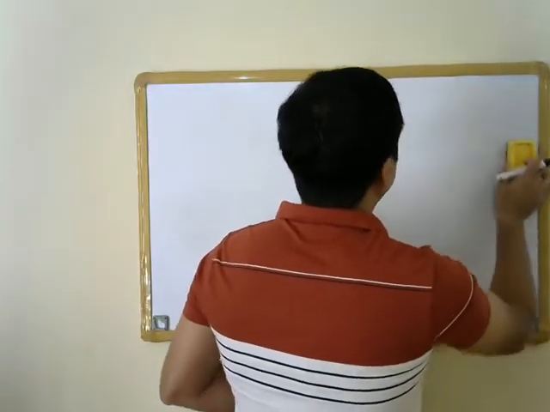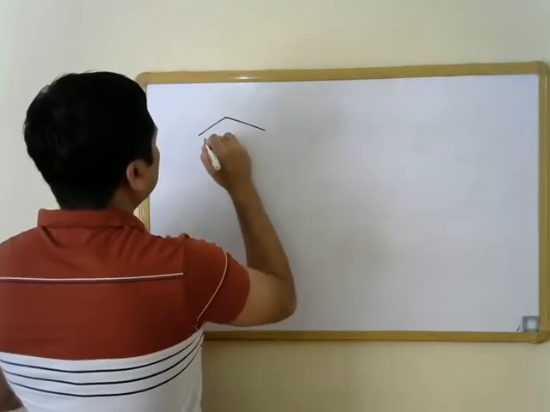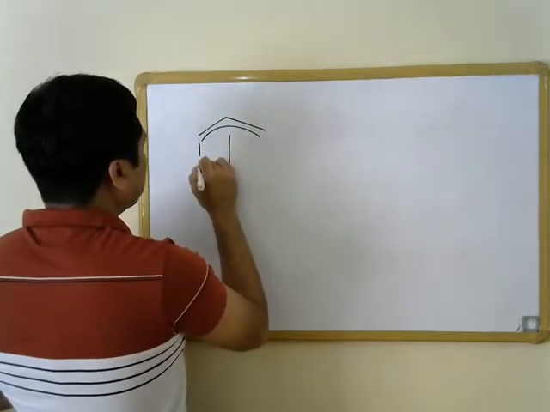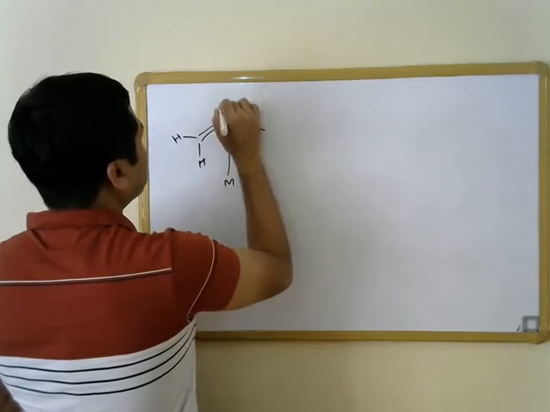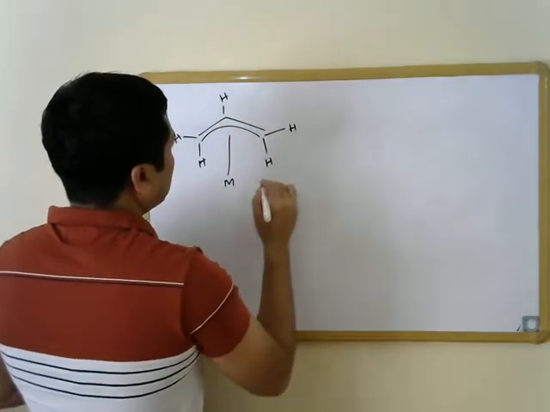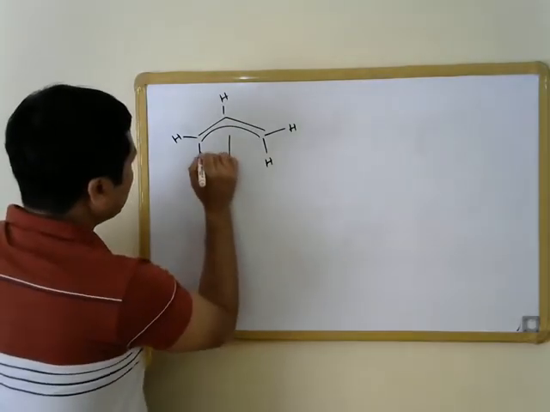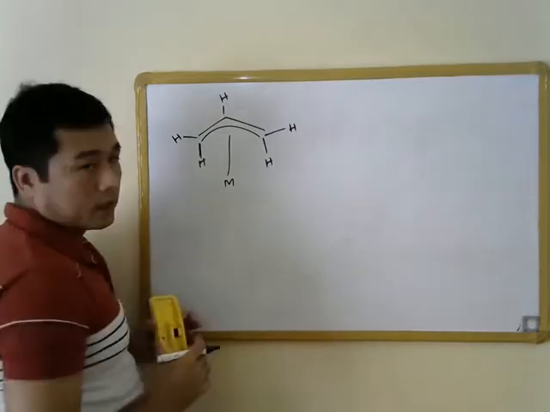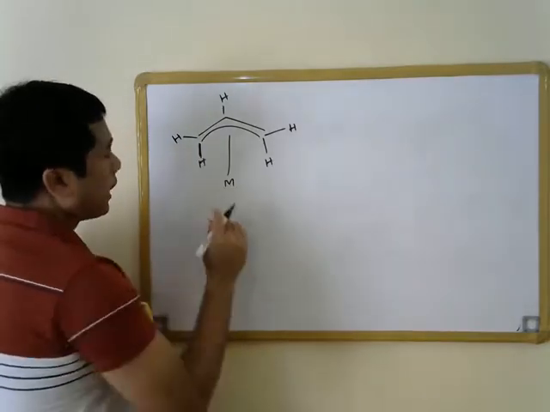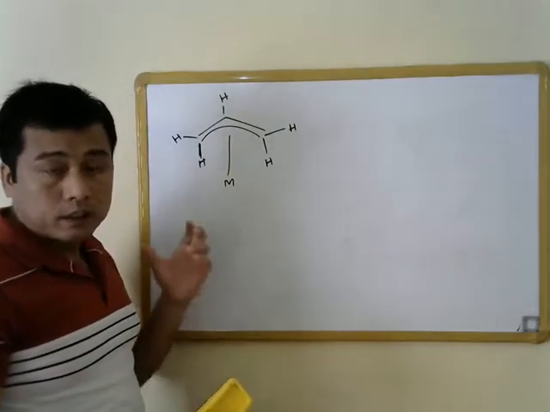And what one observes when one records the proton NMR spectra of these allyl complexes is that the two hydrogen atoms attached to the terminal carbon atoms appear as non-equivalent hydrogen atoms, even though they are attached to the same carbon atom.